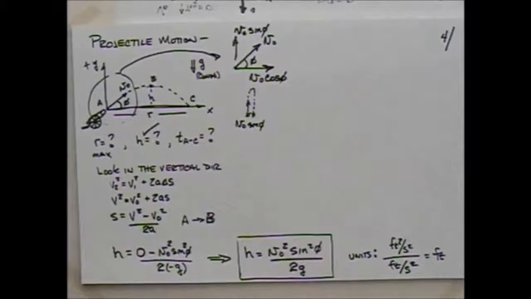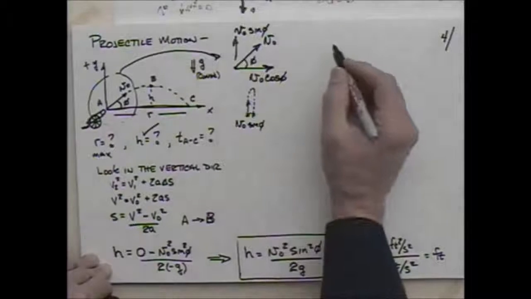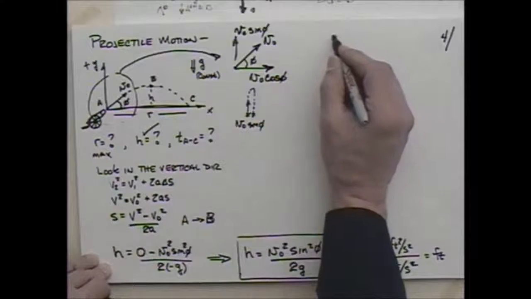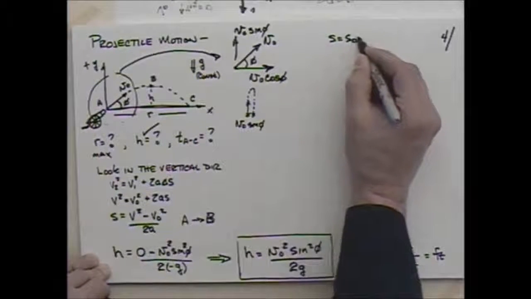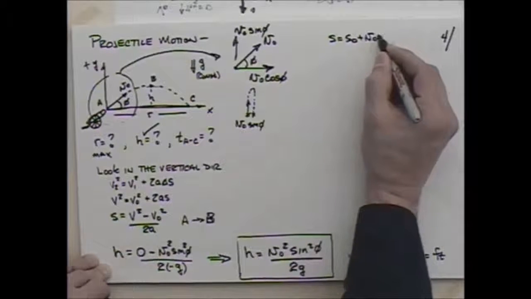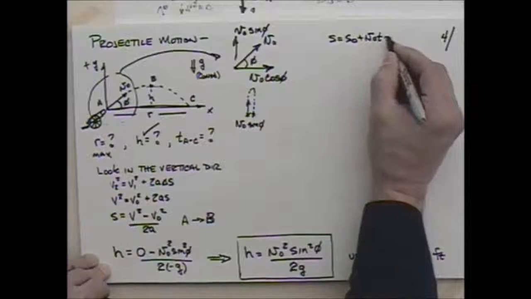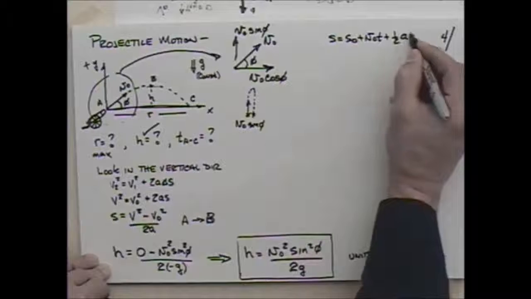I think maybe I'll tackle time. So let me come up here and talk about s is equal to s naught plus v naught t plus 1/2 at squared.